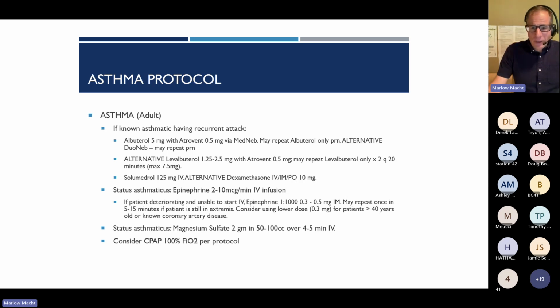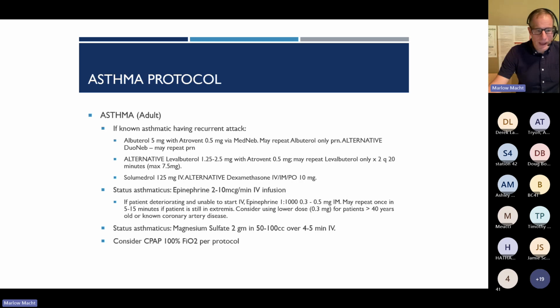Magnesium sulfate is also very helpful in these patients, whereas the epinephrine, you're going to see some effect in a minute or two. Magnesium sulfate, more like 5 to 10 minutes before you're going to see the effect. But it has proven effect keeping people out of the hospital, turning them around.